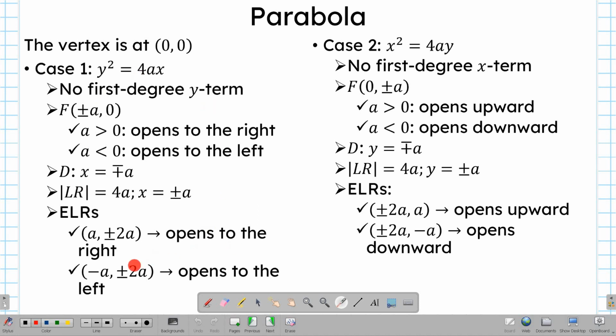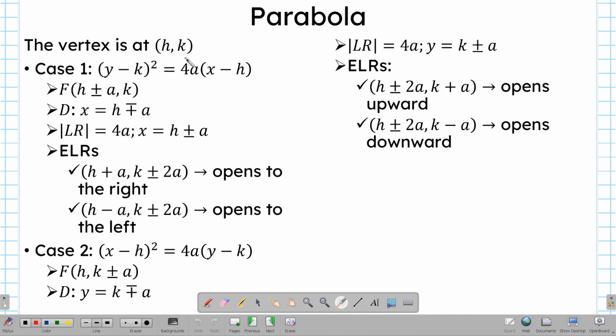Here you go, this side. And if it opens vertically, this side. Then we also have if the vertex is at h, k. This one, if it opens horizontally, and this down below is the one if it opens vertically.